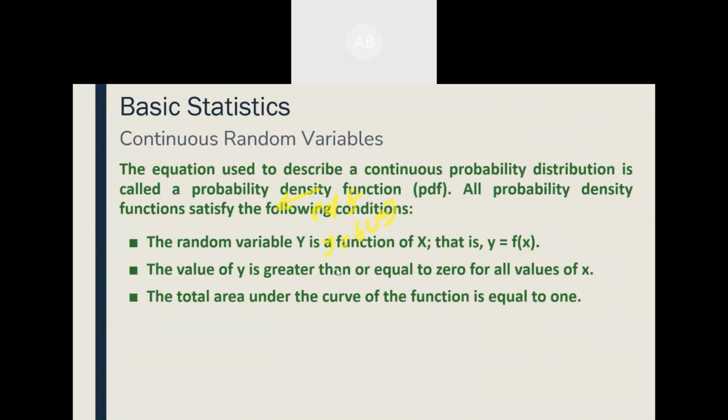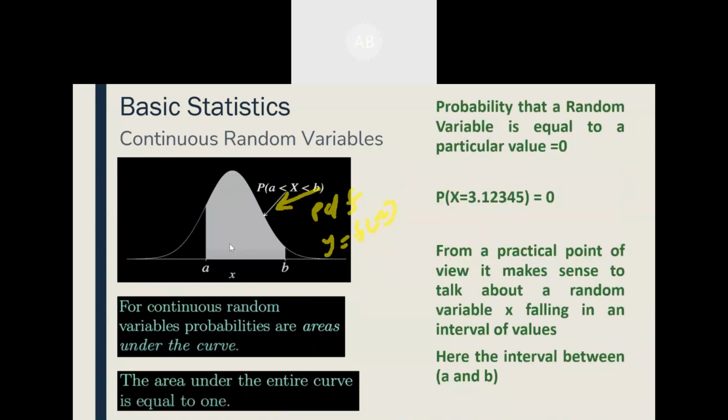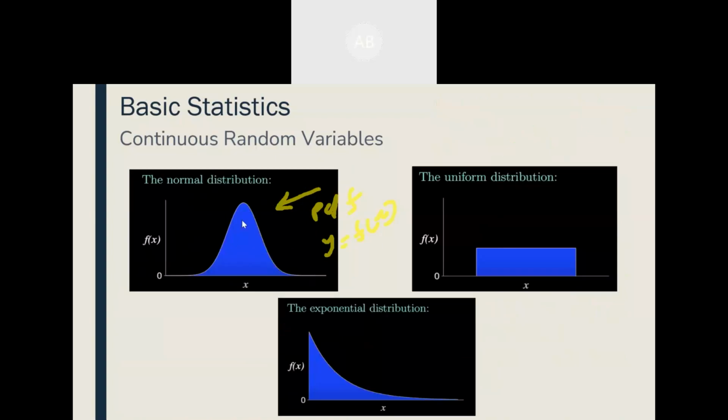The total area under the curve of a function is equal to 1. And then the probability under the shaded area for the whole curve actually is 1.